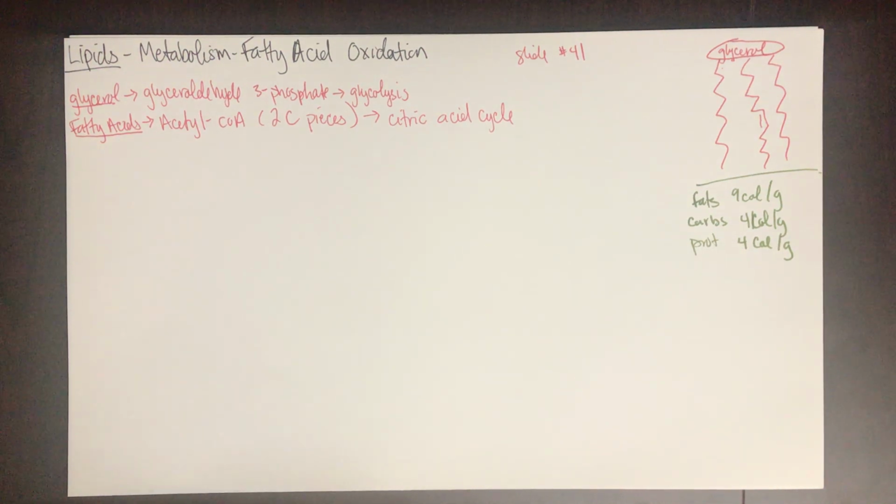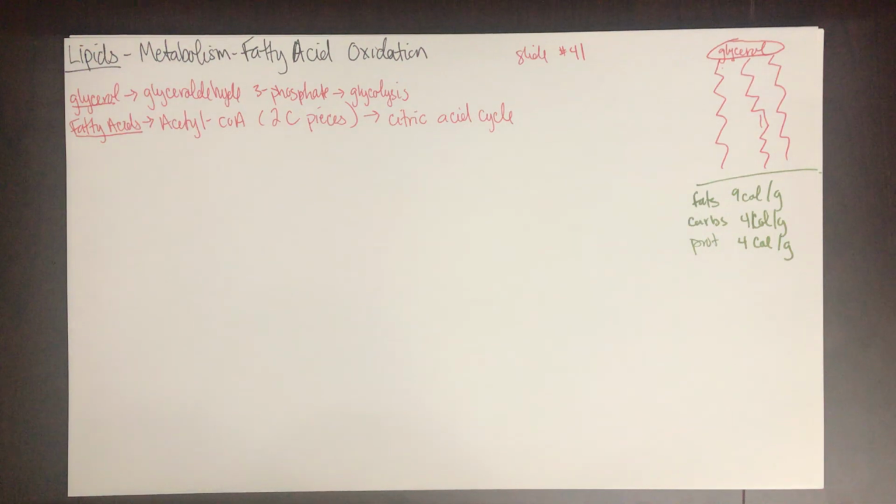Fats are digested in our digestive system, and then they're broken apart by the different enzymes and bile salts in our digestive system. And they can either be stored or they can be utilized for energy through a process that is called beta oxidation of fatty acids.